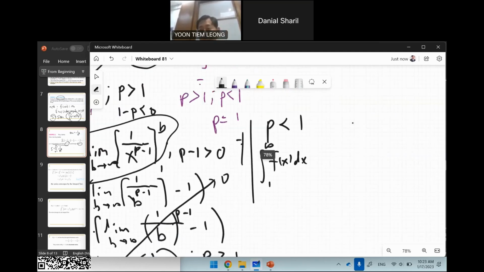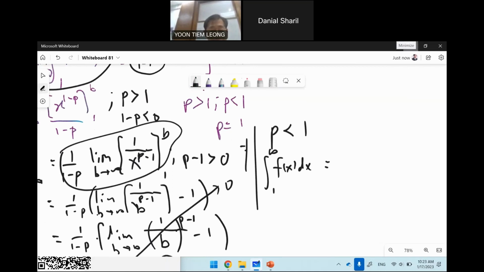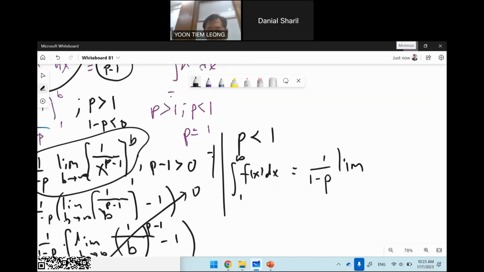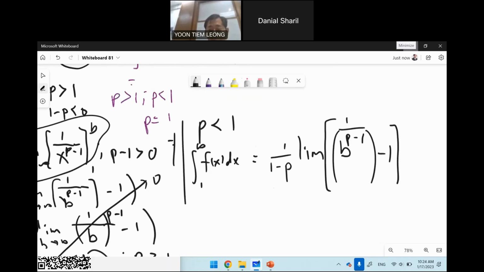I think it is similar to the calculation I just showed, but it will be equal to minus 1 over 1 minus p, and the limit would be given as, what is that, b raised to, I think there is a 1 here, then you have b raised to the power of p minus 1. Okay, so I think that is what happens when P is less than 1.